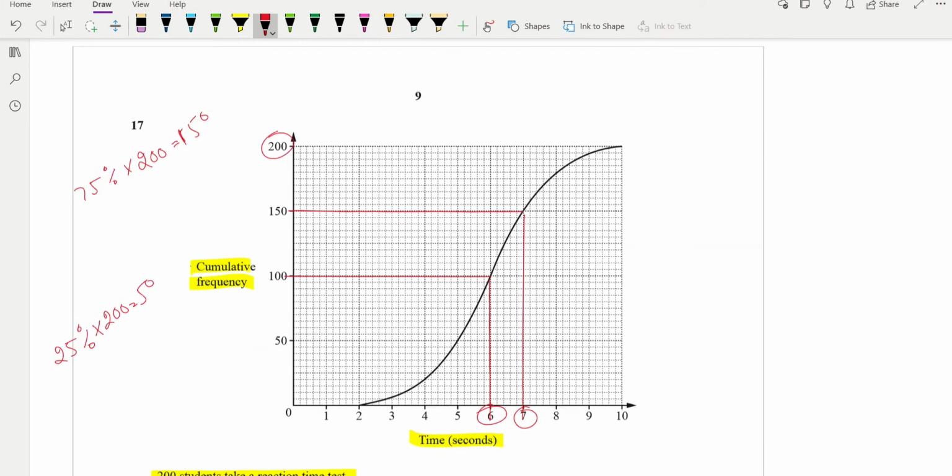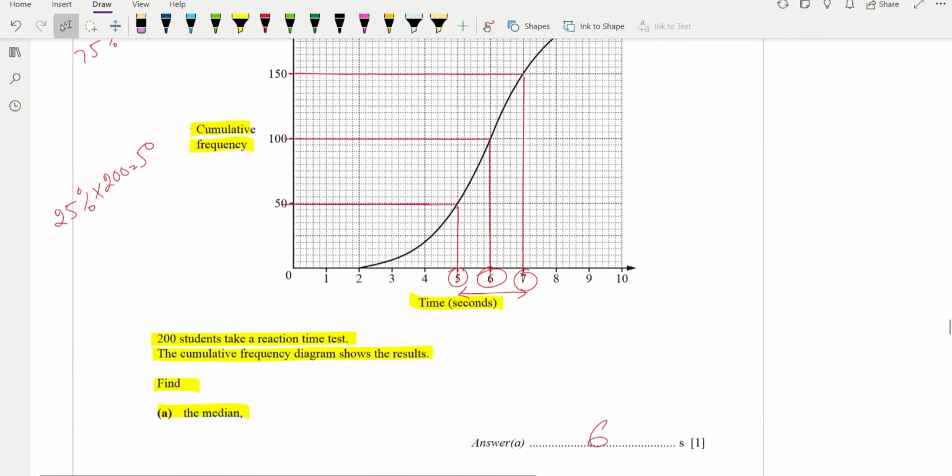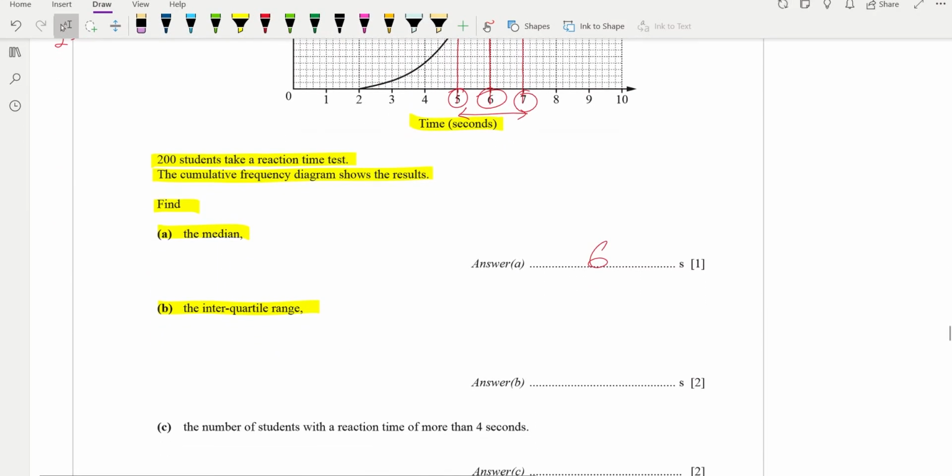So we will check the reference for 50, and the reference for 50 will be over here, and this will be 5. So 7 minus 5 will be the interquartile range. So 7 minus 5 will be equal to 2.